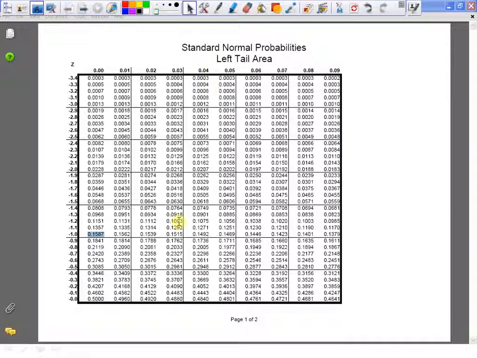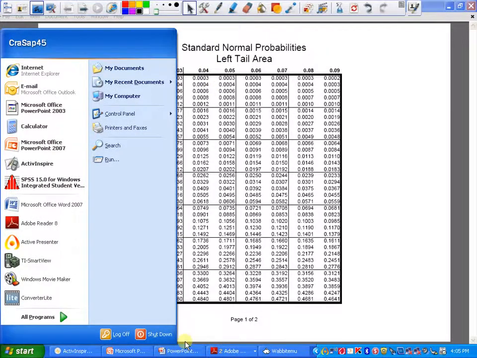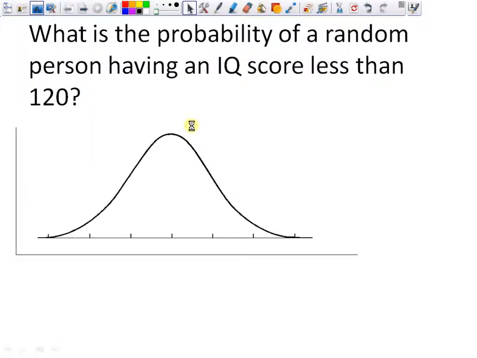Okay, so let's take a look at a few more problems. What is the probability of a randomly selected person having an IQ score less than 120? Well, this is the first time we can't use the empirical rule, because 120 is not exactly 1 or 2 or 3 standard deviations above or below the mean.